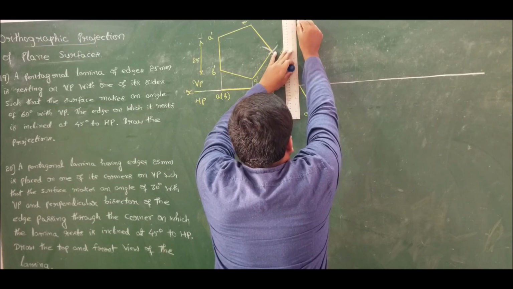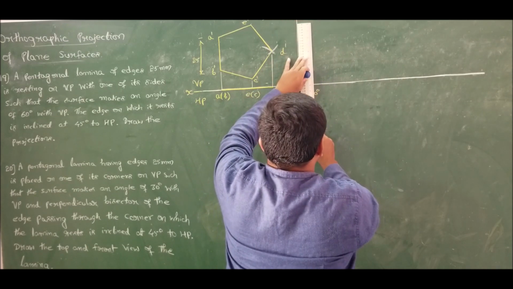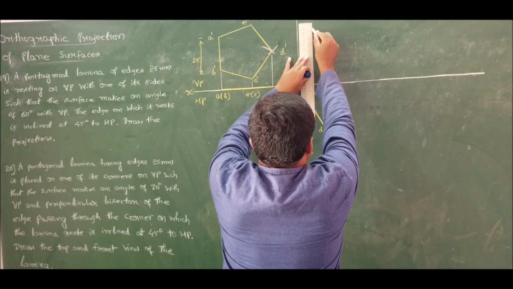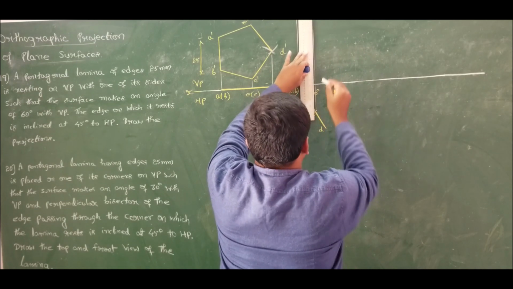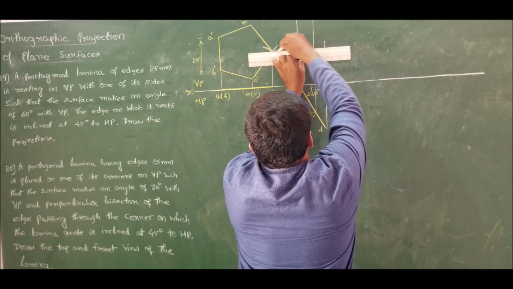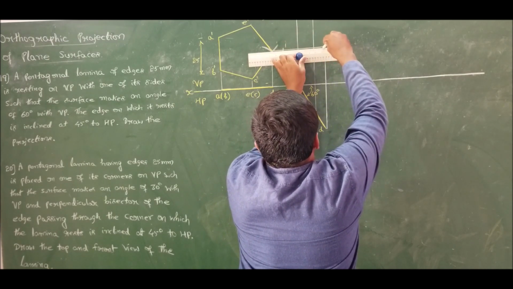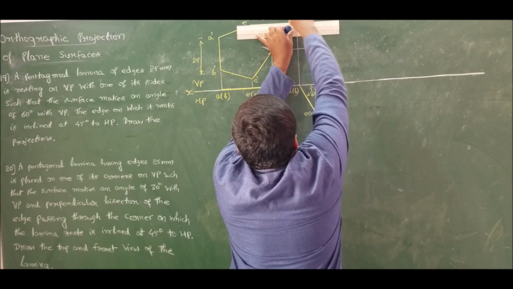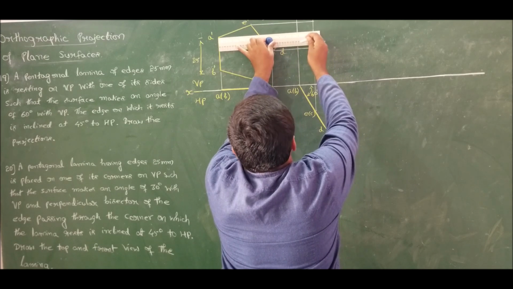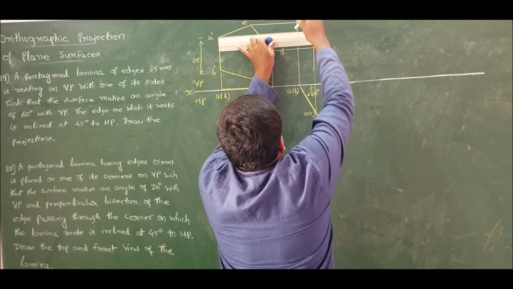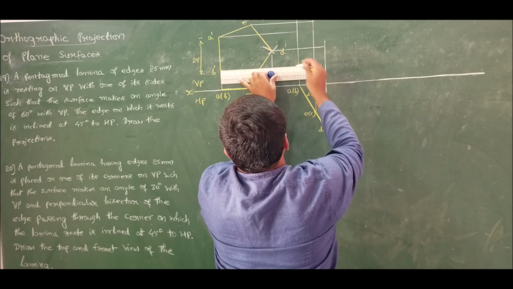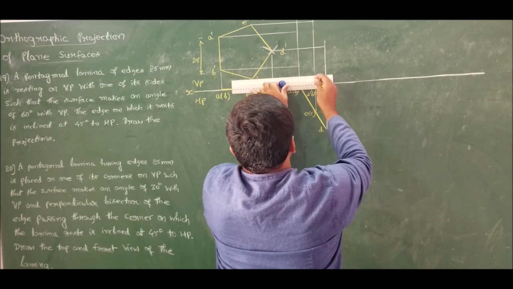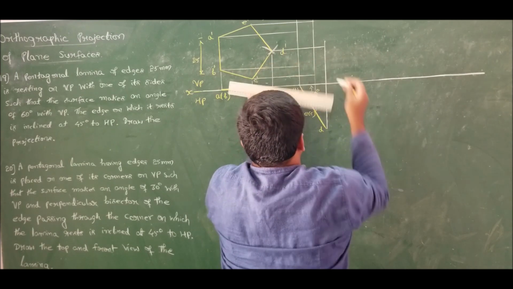Now take vertical and horizontal projections and complete the sketch. Take the projection. Similarly, E is here. This is E, and we have A and B, and also C. Done.